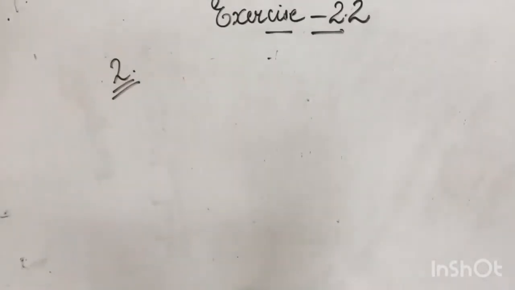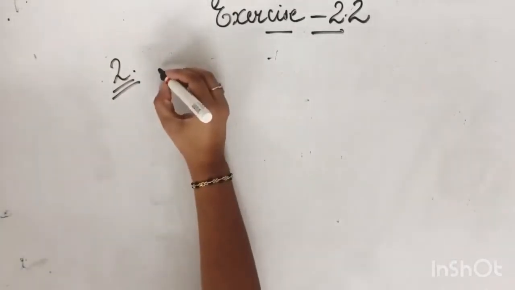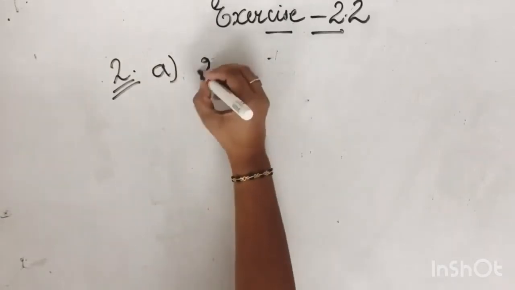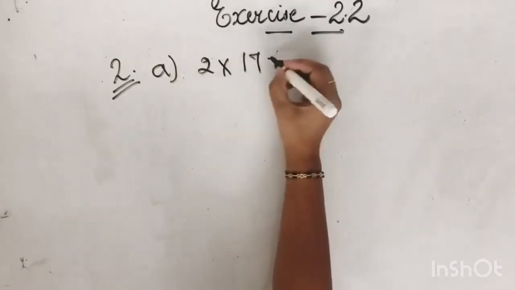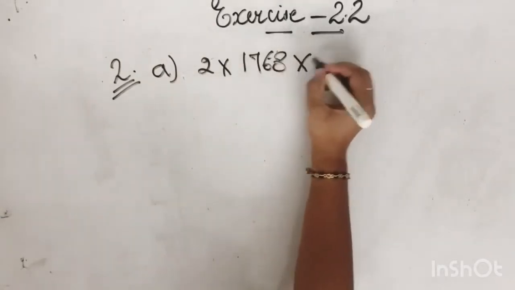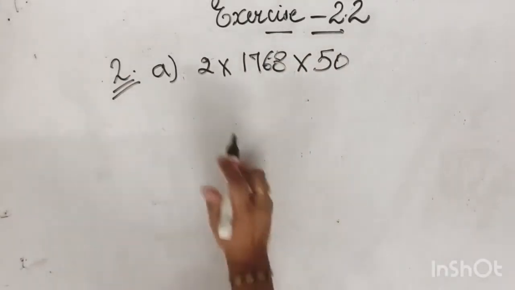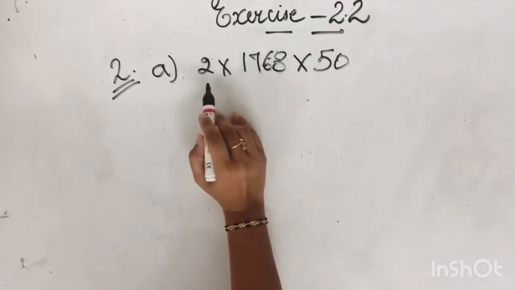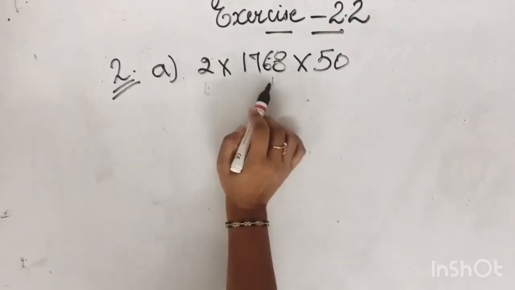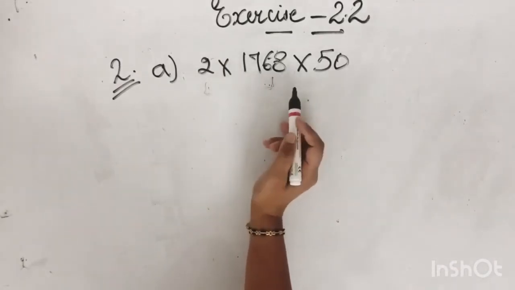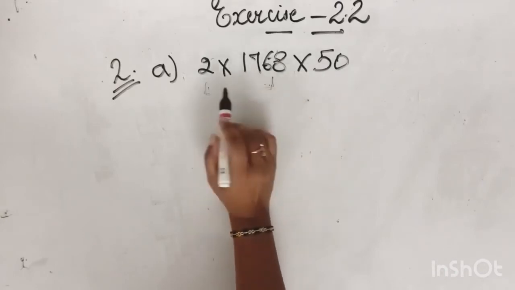Again, first you have to rearrange the terms and then find the answer. 2 into, now you have to rearrange the terms. If you multiply these two numbers first, it will be difficult. So what will be the easiest method?